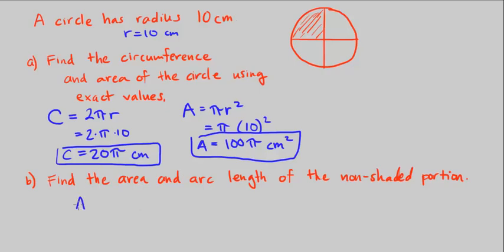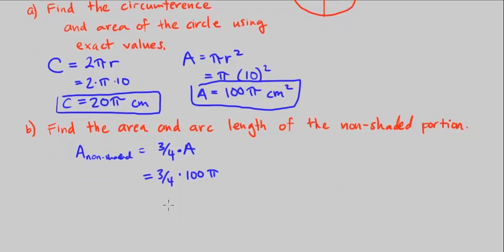So the area of the non-shaded portion is just 3/4 of the area. Plugging in that area, we get 3/4 times 100 pi centimeters squared. That's equal to 3 times 100, because this is all over 1.